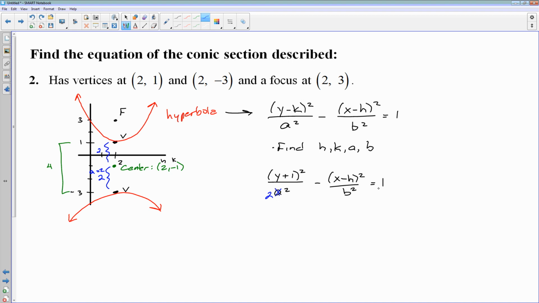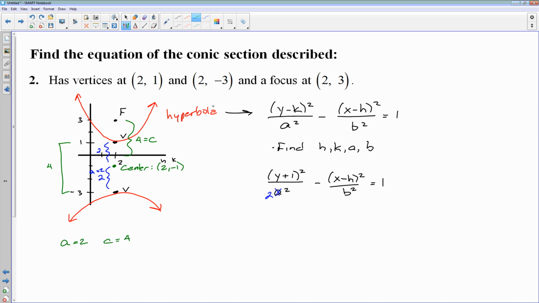And then b, I can't get b immediately because b is actually the distance left and right. It's that other distance across that magic box. But I do have a focus, and I know that the distance from center to focus is always c. So the distance from my center to focus, in this case it's 4, that's my value of c. So I know that a equals 2, c equals 4.